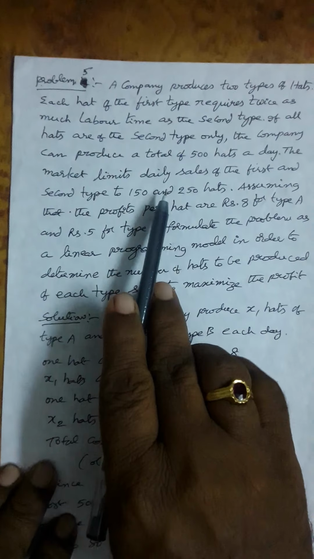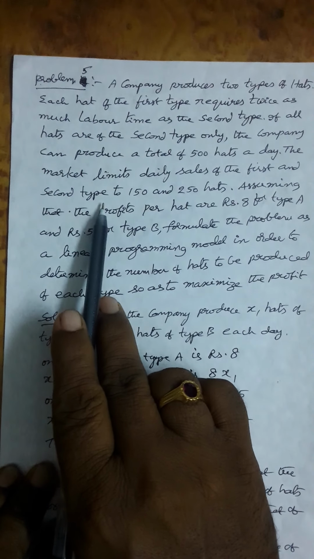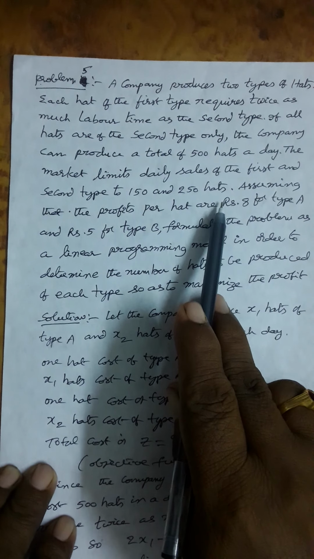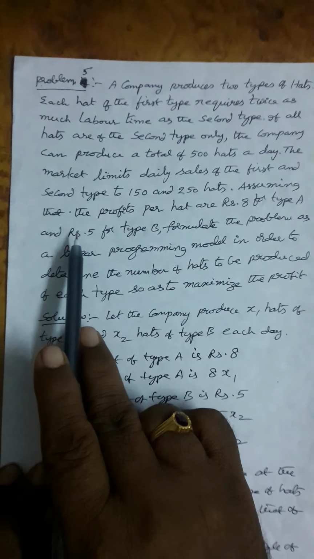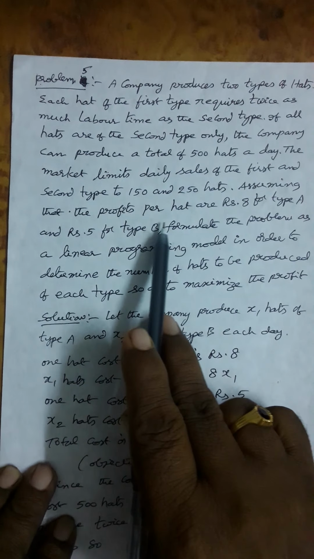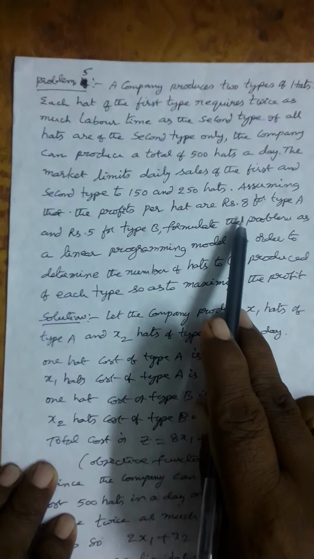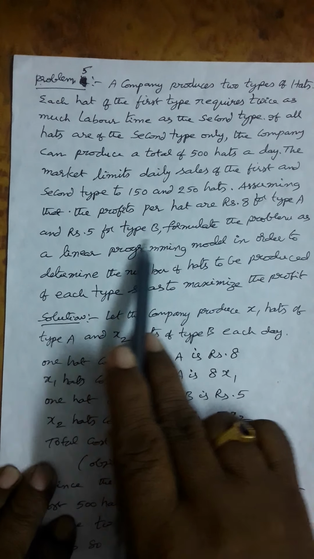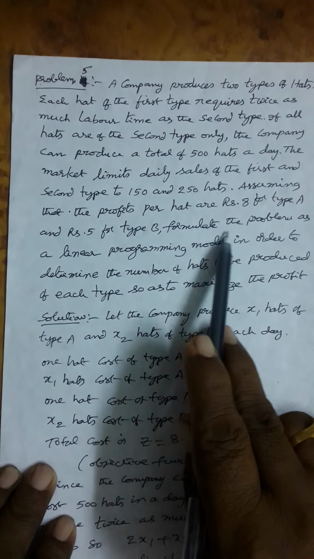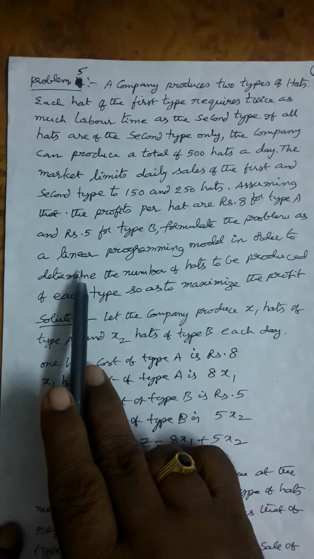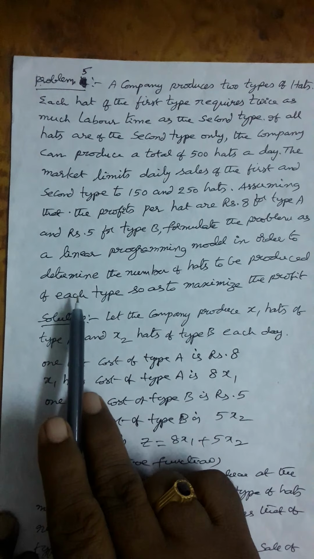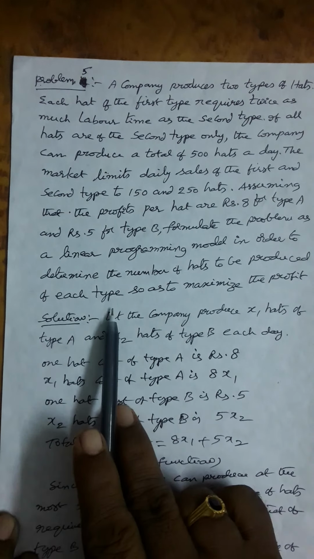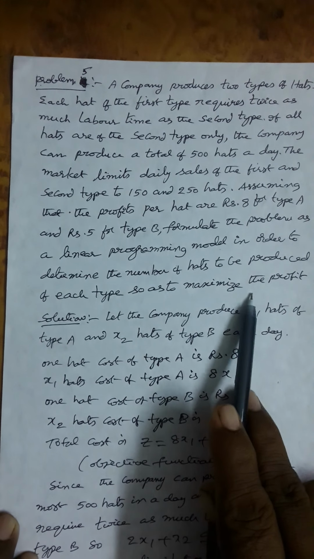The market limits daily sales of the first and second type to 150 and 250 hats. Assuming that the profits per hat are rupees 8 for type A and rupees 5 for type B, formulate the problem as a linear programming model in order to determine the number of hats to be produced of each type so as to maximize the profit.